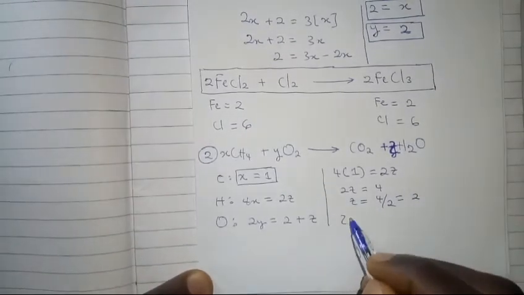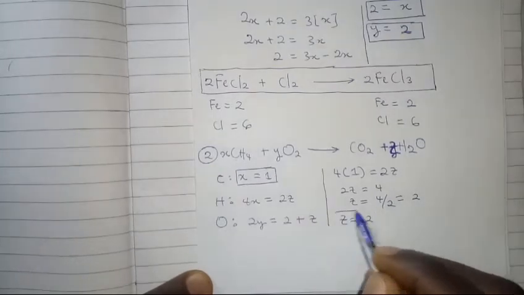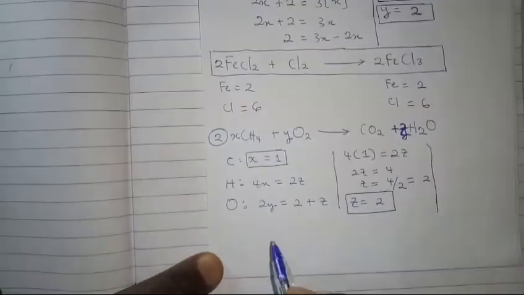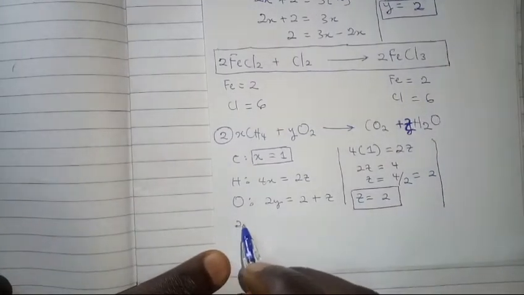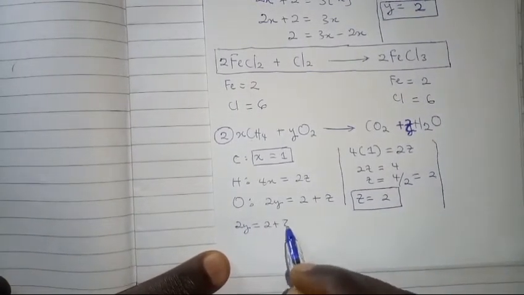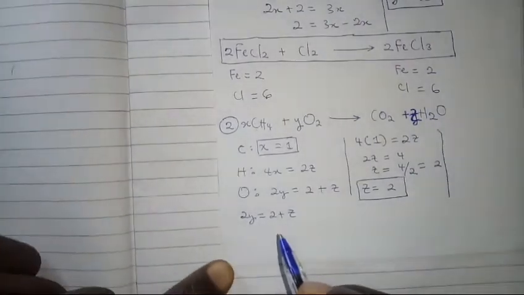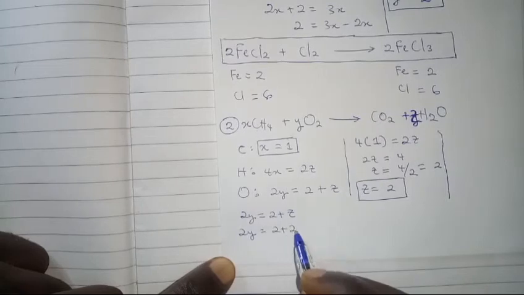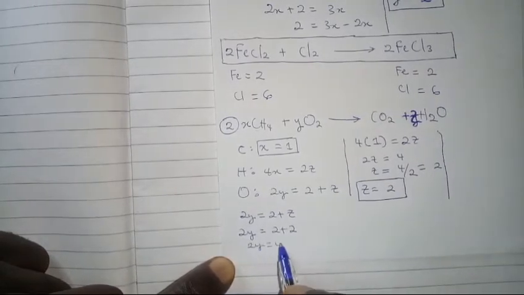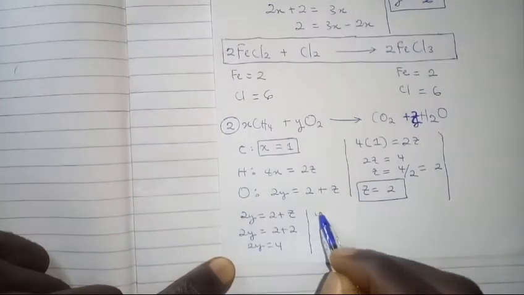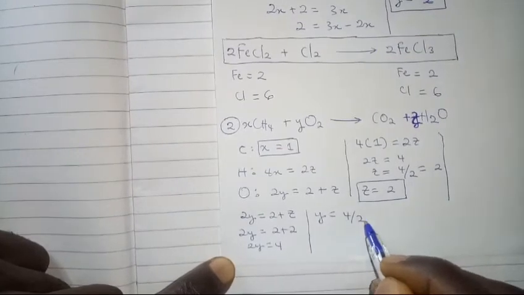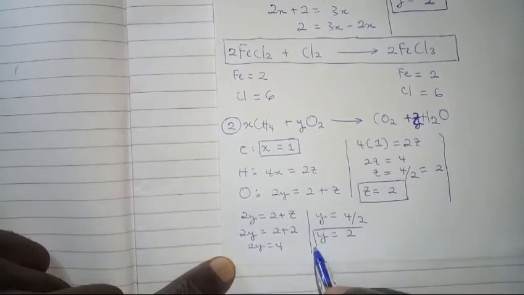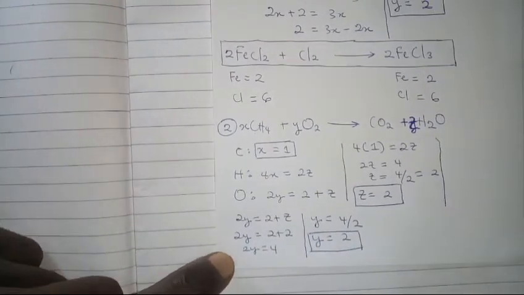We've gotten the second. And then for y, we have that 2y is equal to 2 plus z, right? But z is 2, so 2y is equal to 2 plus 2. So 2y is equal to 4, and therefore y is equal to 4 divided by 2, which is 2. So that means our y is also 2.